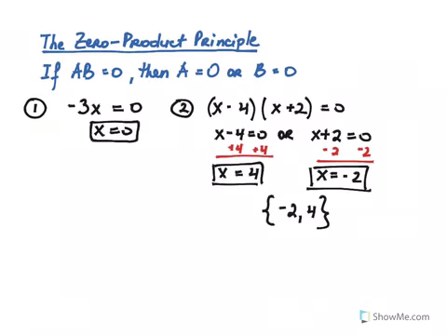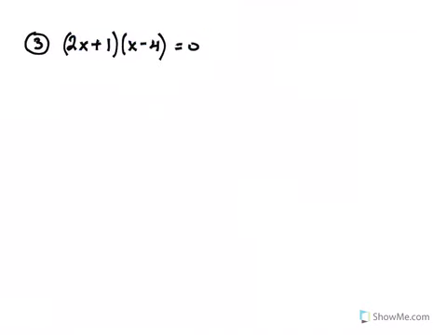If we go back to the first example, my solution will look like this: the set containing one possible solution of 0. Example 3. Solve 2x plus 1 multiplied with x minus 4 equals 0.